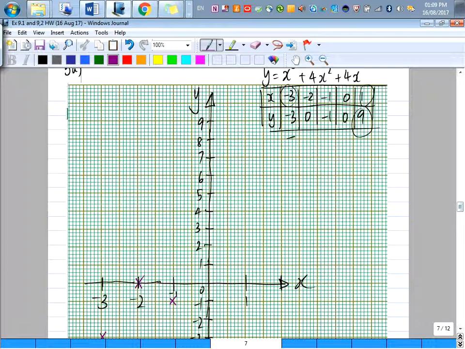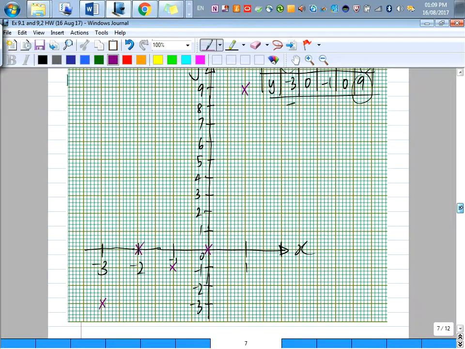Then x equals 0, y equals 0, x equals 1, y equals 9. Okay, now if I were to connect the dots, it looks like it should go this way, something like that.